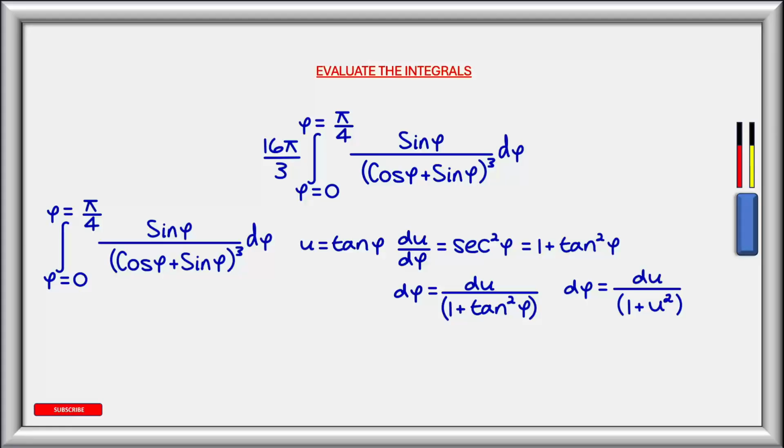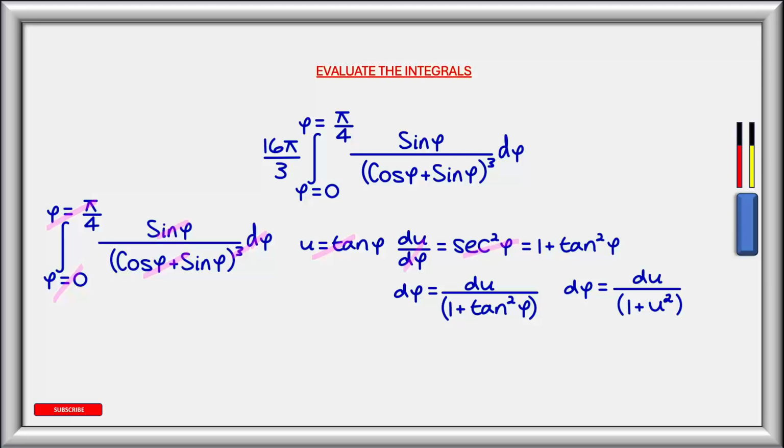And now for the middle integral, we want to integrate from φ equals 0 to φ equals π by 4 of sin φ divided by cos φ plus sin φ cubed dφ. And to do this, we're going to make some substitutions. So we're going to let u equal tan φ, and the derivative of u with respect to φ is equal to sec squared φ.